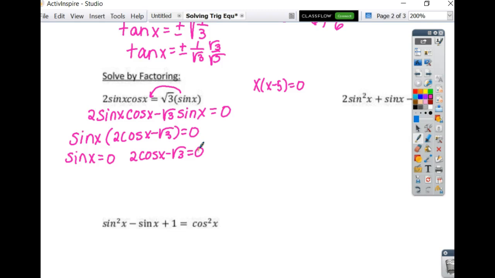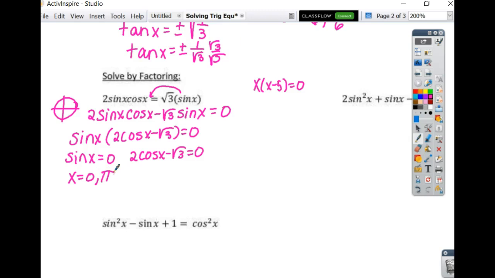So where on your little unit circle does sine equal 0? Here and here, right? So these are both 0 for sine. So x here is 0 and pi.